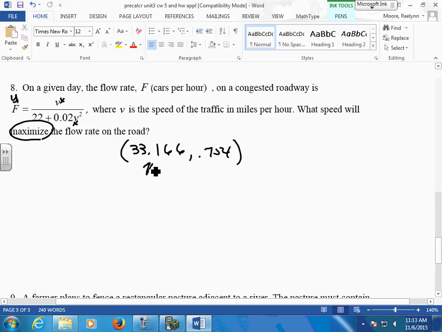Okay, this represents my x. X represents my maximum speed. This represents my flow rate. So my rate is actually flowing at about 75.4%. I have a flow rate of about 75%.